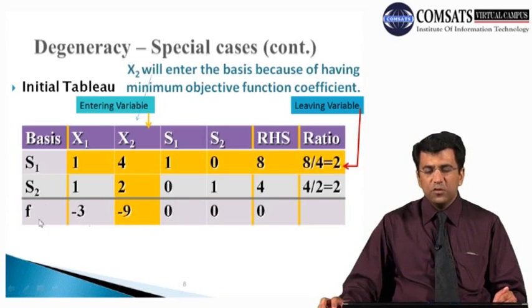So the coefficients of the objective function in this table are -3, -9, and of course there is no s1 and s2 in this objective function, so we will put s1, s2 equal to 0 in this row.